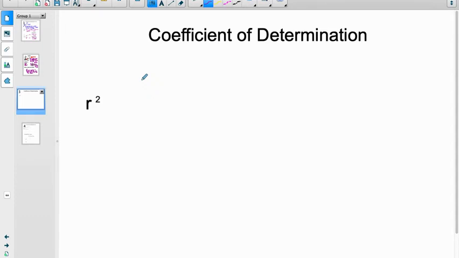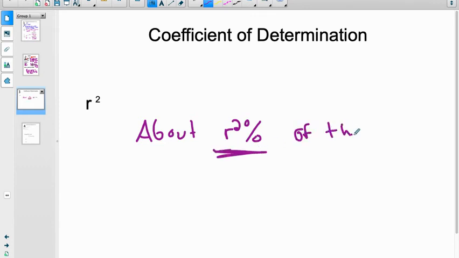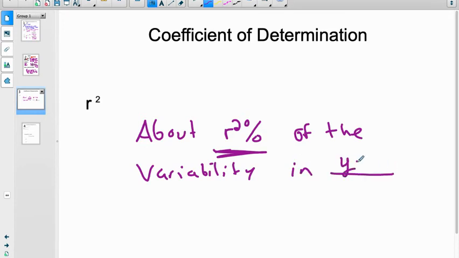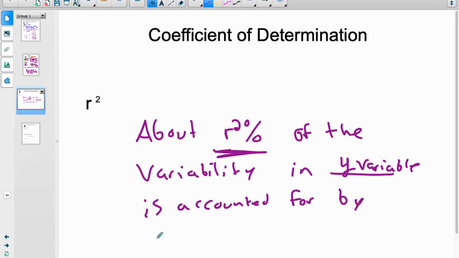What it does tell us is about whatever r squared is percent of the variability in your y variable is accounted for by the least squares regression line.